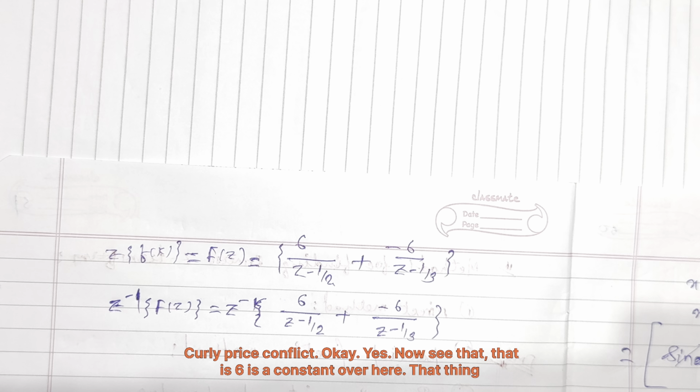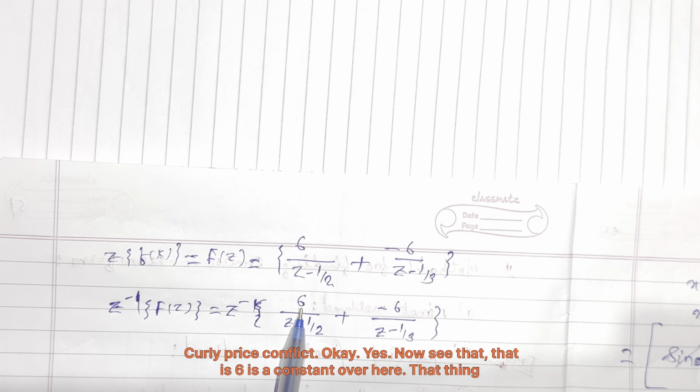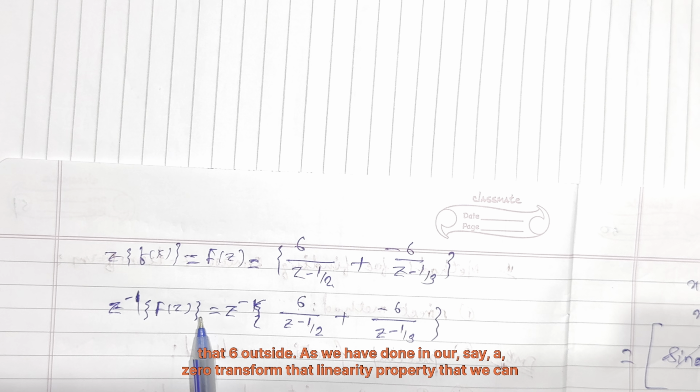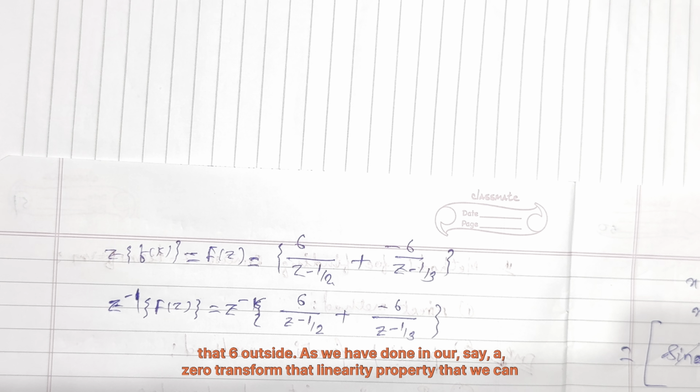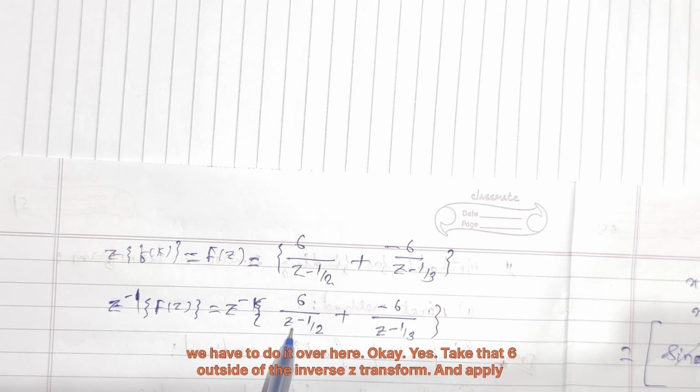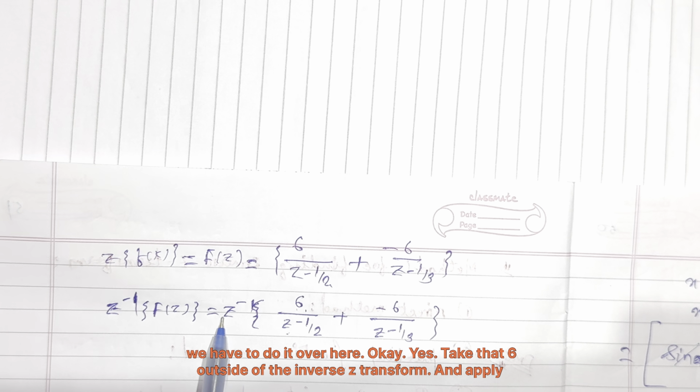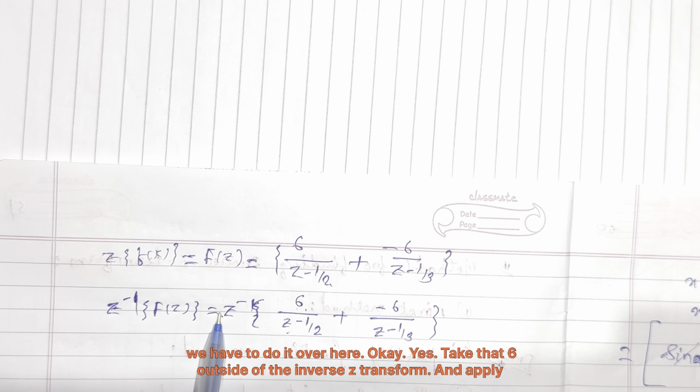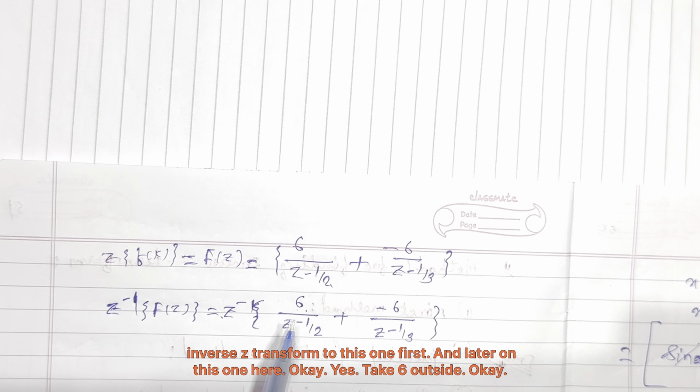Now see that 6 is a constant over here. Take that 6 outside, as we have done in the z transform linearity property, that we can expand the transform over addition and subtraction. Similarly we have to do it here. Take 6 outside of the inverse z transform and apply it to this one first and later this one.